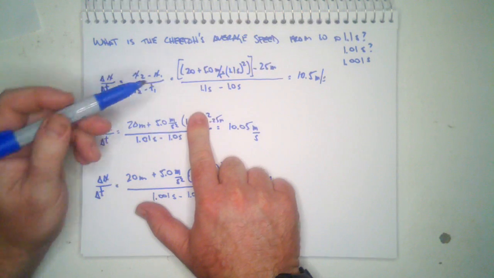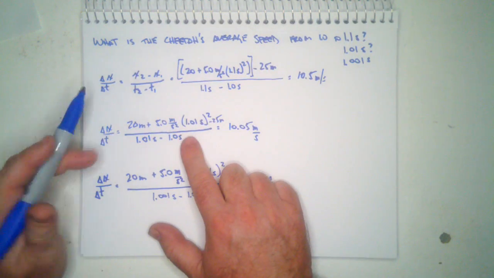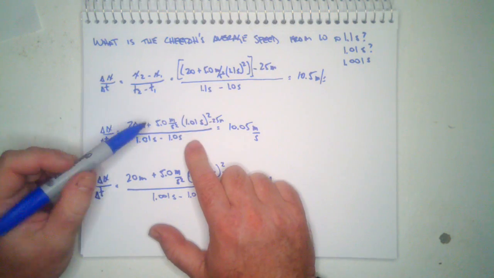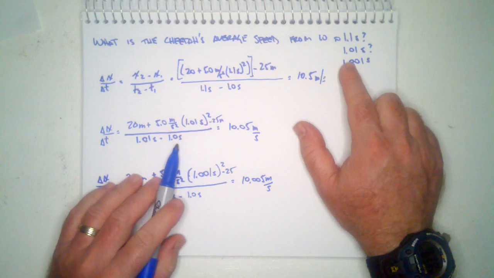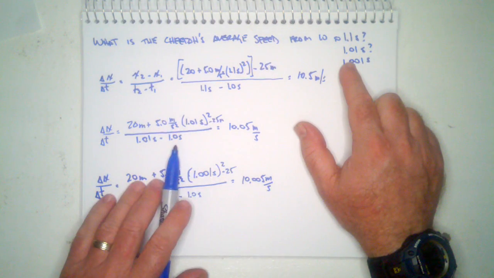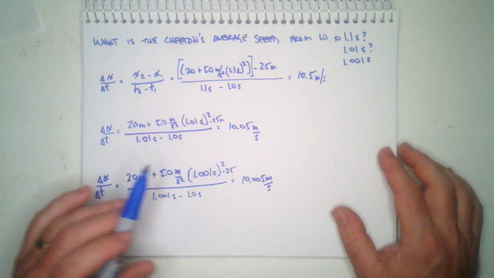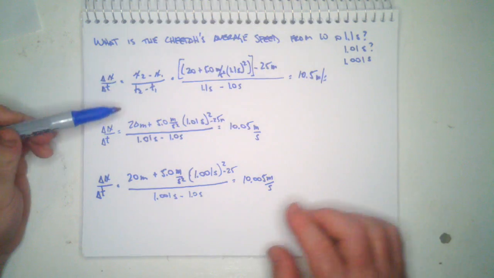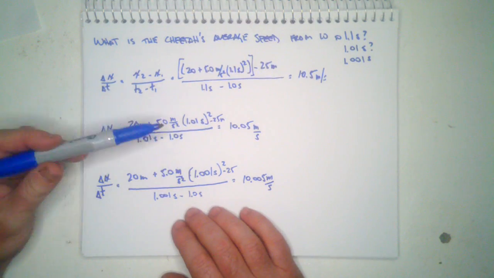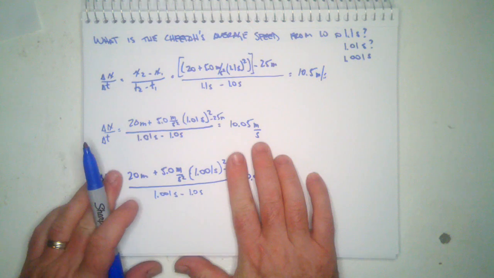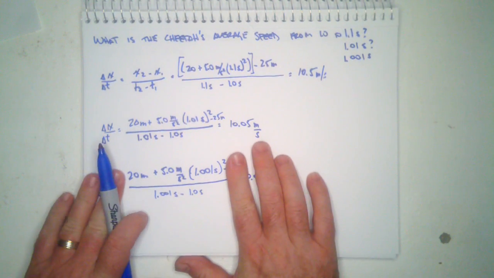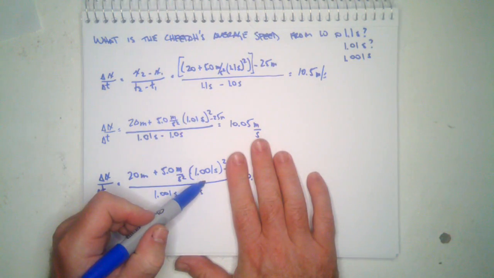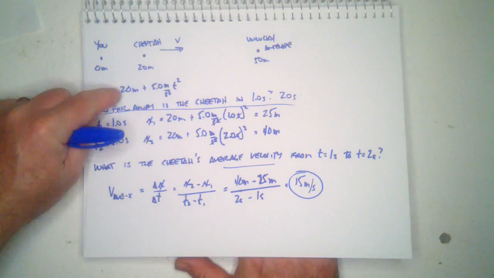The time at x2 is 1.01 seconds, and the time at 25 meters is 1 second. Well, if we put that in, it calculates to 10.05 meters per second. Then we can look at 1.001 seconds. The first expression is where the cheetah is at 1.001 seconds, which is described by our function that we were given here.